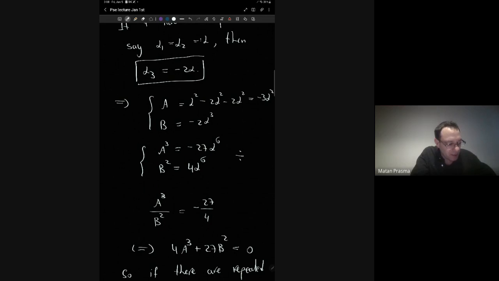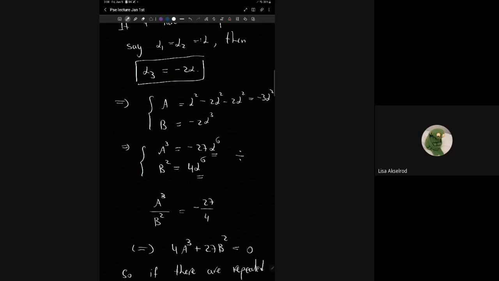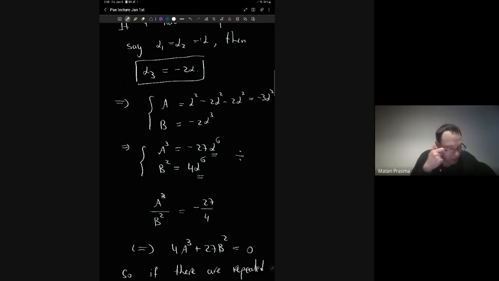But the reason that we specifically did exponentiation here is that we want to cancel out the alpha. The only way to cancel out the alpha is to have alpha to the same power in the first equation and in the second equation. Then I can divide.